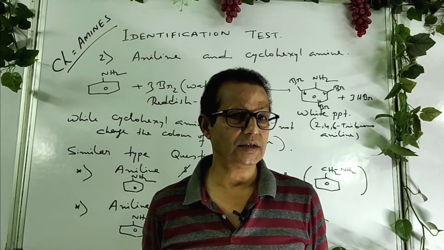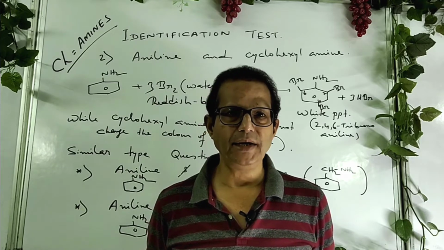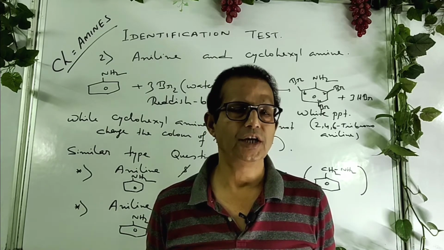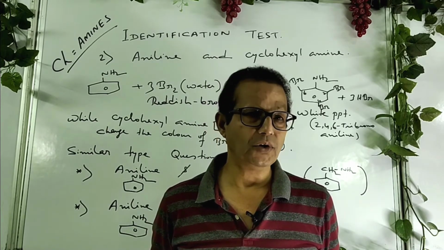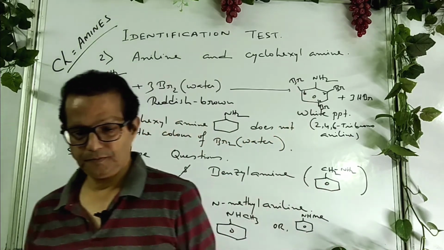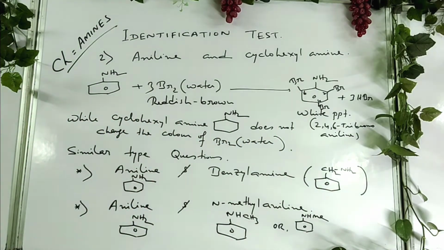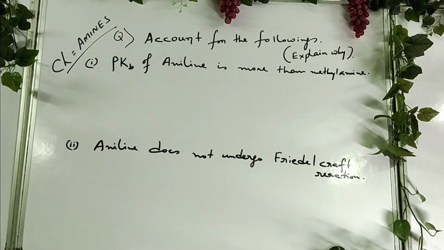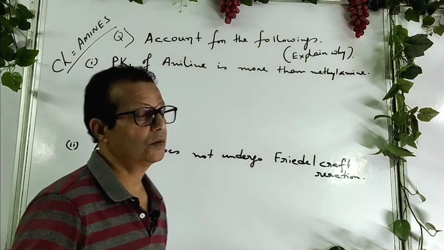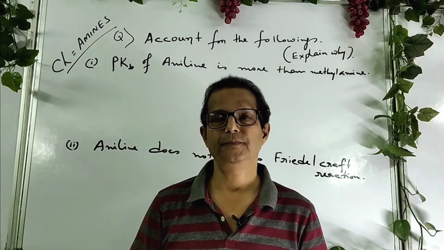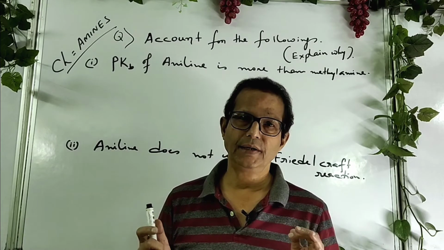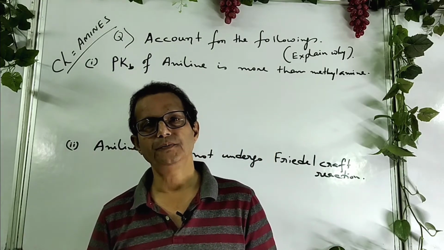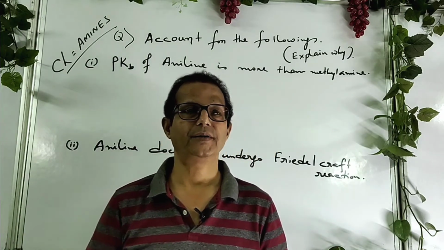So let's discuss the very important explain why questions which may come in your forthcoming board exam. So explain why. You get questions from here also, fixed questions, okay? This is the format.